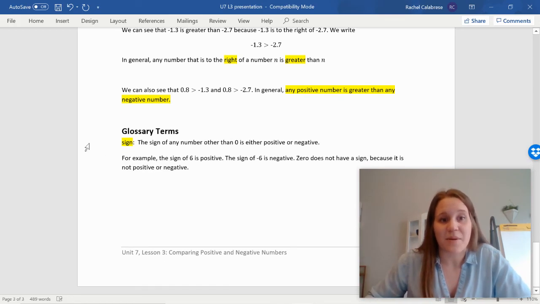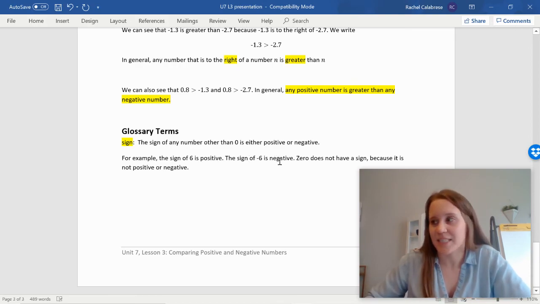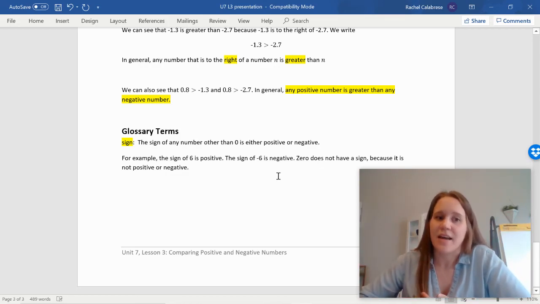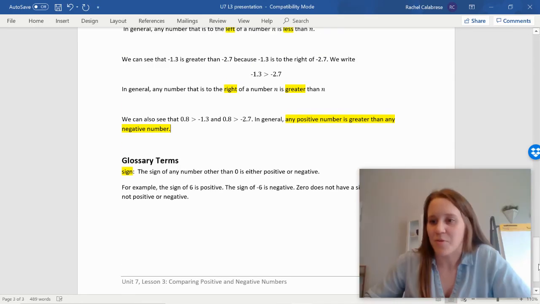We've also been talking about the sign of a number. The sign of any number other than 0 is either positive or negative. So if you hear the word sign, I'm talking about is that number positive or negative. For example, the sign of 6 is positive, the sign of negative 6 is negative. 0, poor guy, does not have a sign. 0 is neither positive nor negative. But that's what makes him cool.